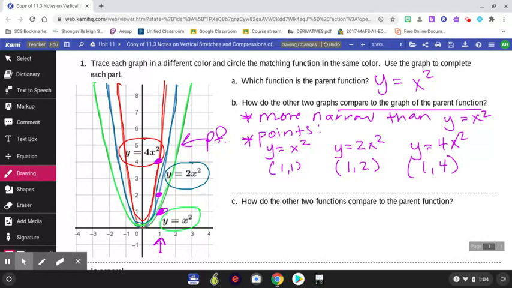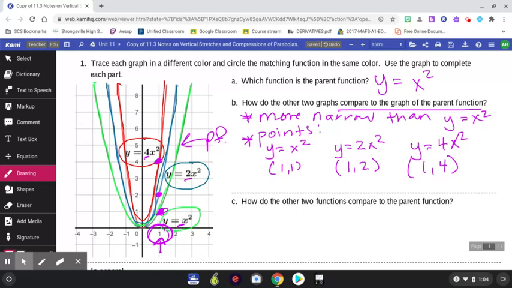As I focus in on this x value of 1, it looks like my output is getting bigger as my coefficient of x squared is getting bigger.